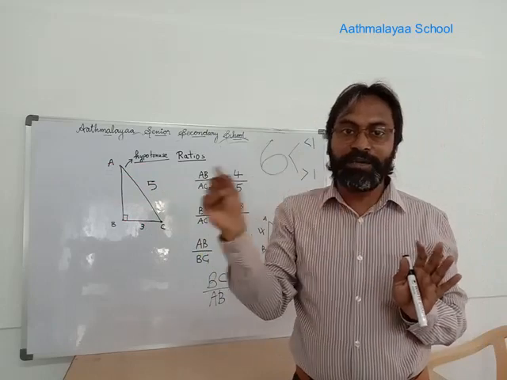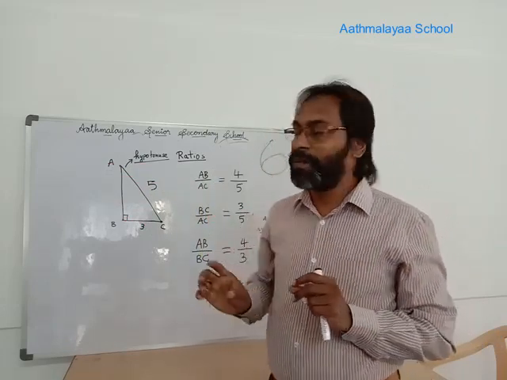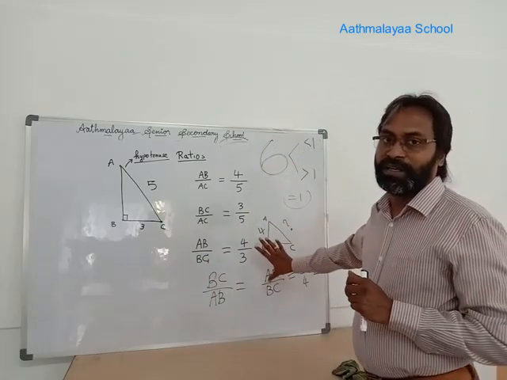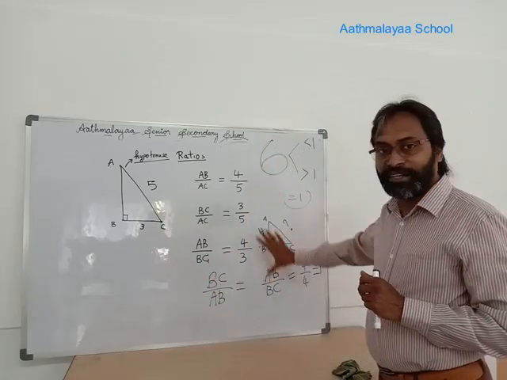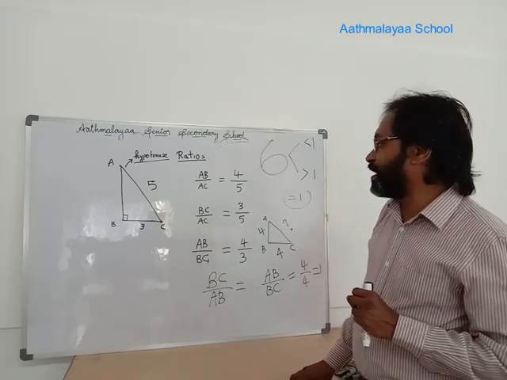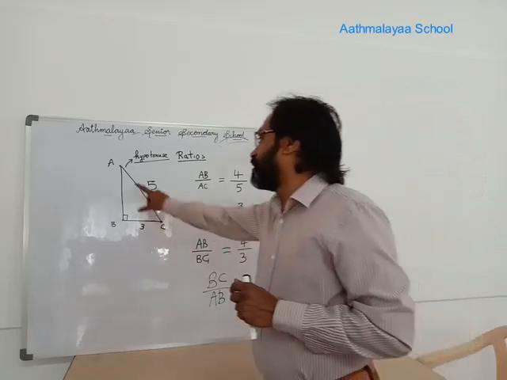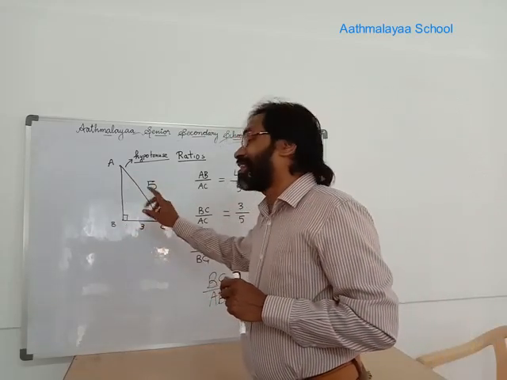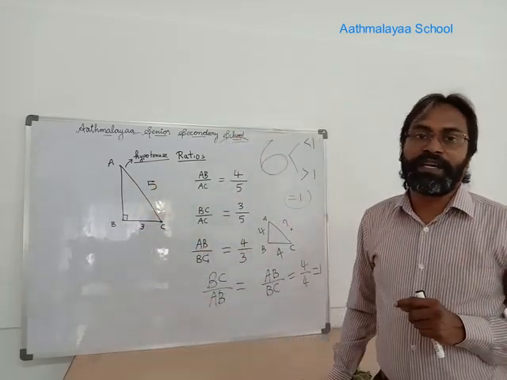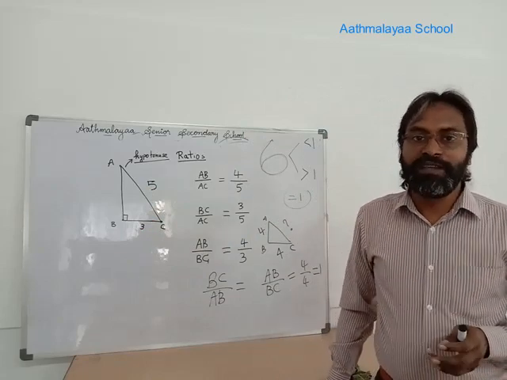There you cannot get the equality. The equality will occur only under the ratios, and that too for the ratios of a right angle triangle, taking the value 1 will be where AB equals BC, that is other than the hypotenuse. If you take any ratio of the other two sides, there is a possibility of having equality 1.